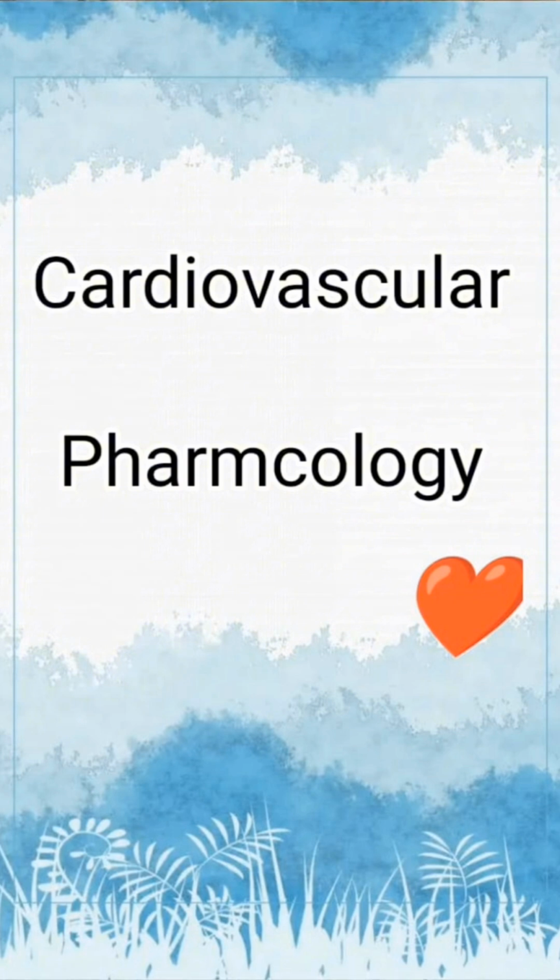Sacubitril is very beneficial in heart failure patients, because when it inhibits neprilysin, it increases the level of natriuretic peptides. These natriuretic peptides are natural substances that help the body get rid of excess salt and water. They also relax blood vessels, and that's why they reduce the workload on the heart.